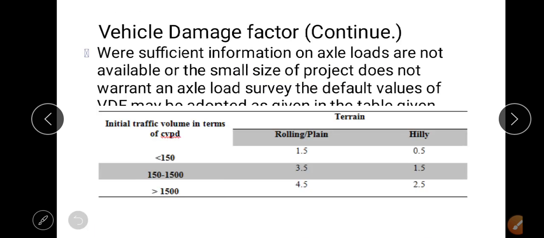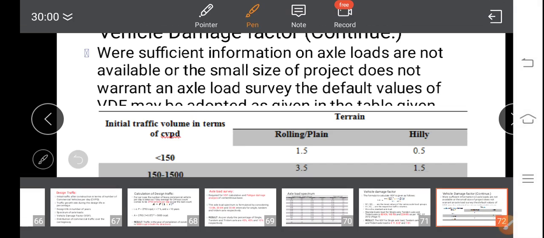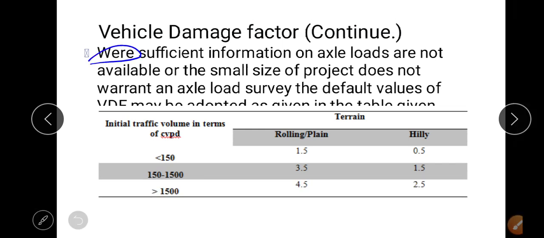Vehicle damage factor, VDF. Where sufficient information on axle loads are not available, it should be taken as: where sufficient information on axle loads are not available, or the small size of project does not warrant an axle load survey, the default values of VDF may be taken.